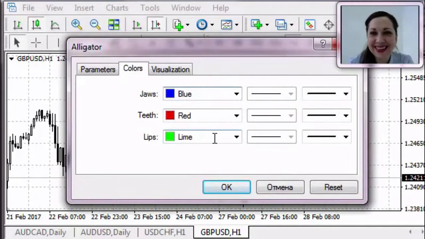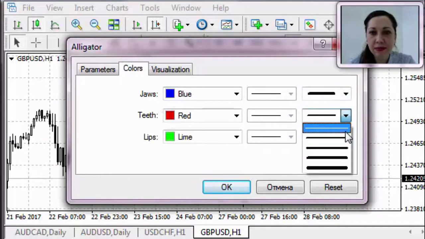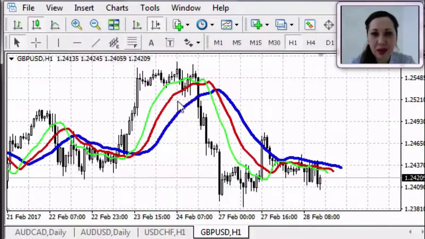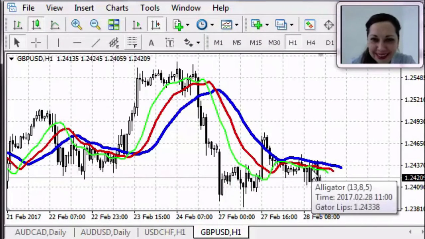So we have actually a set of 3 moving averages. Say hello to moving average again. And with this slowest line, the jaw line, I will make it thick. The teeth line, thinner. And the fastest line, it's the lips of the alligator, how it looks like.